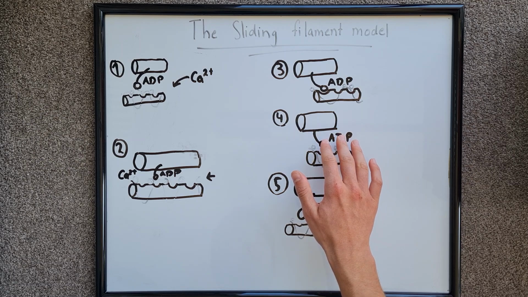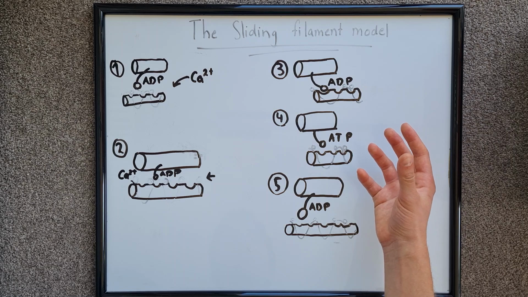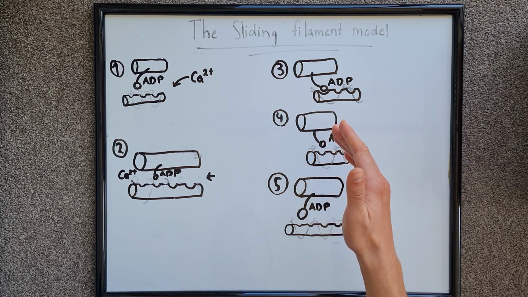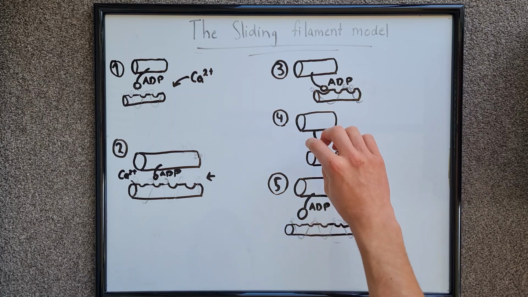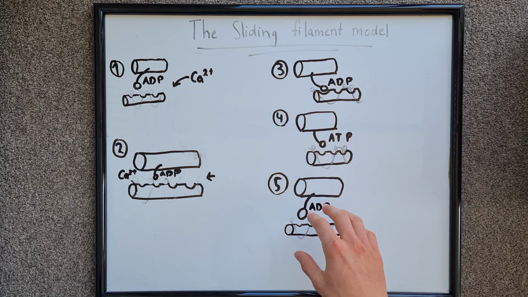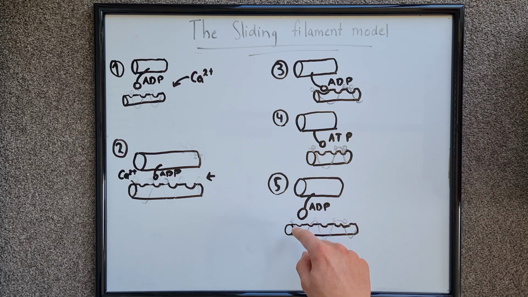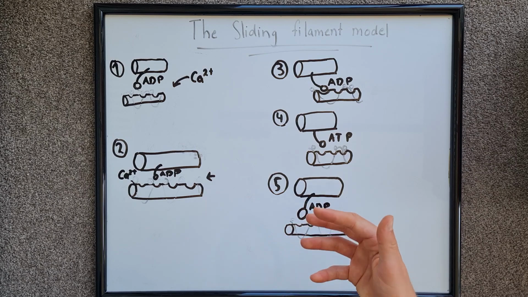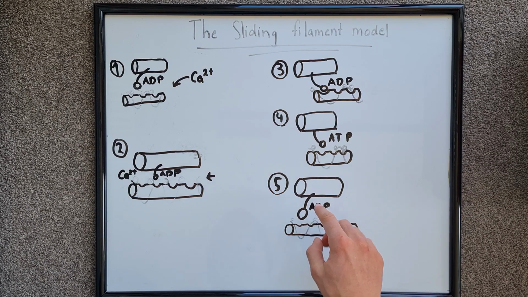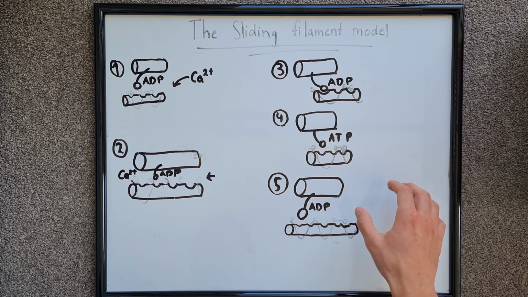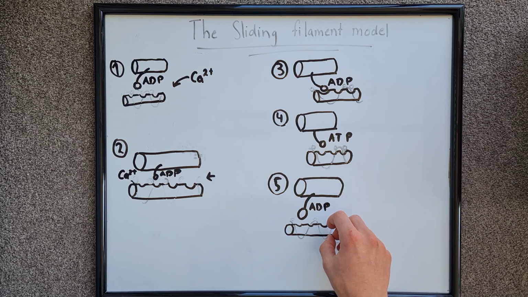They'll hydrolyze the ATP into ADP and an inorganic phosphate, which will release energy, and that energy will then be used to recock the bulbous head back into its initial position, where it can from then attach to another actin binding site. Okay, and we will have that ADP that is attached to the bulbous head until it is attached, done the power stroke, and then ATP again binds to it in order to release it from the actin binding site in order for it to return to its normal position.